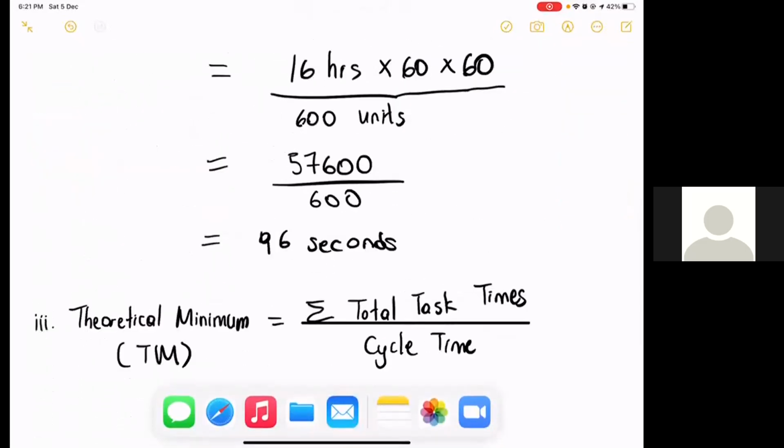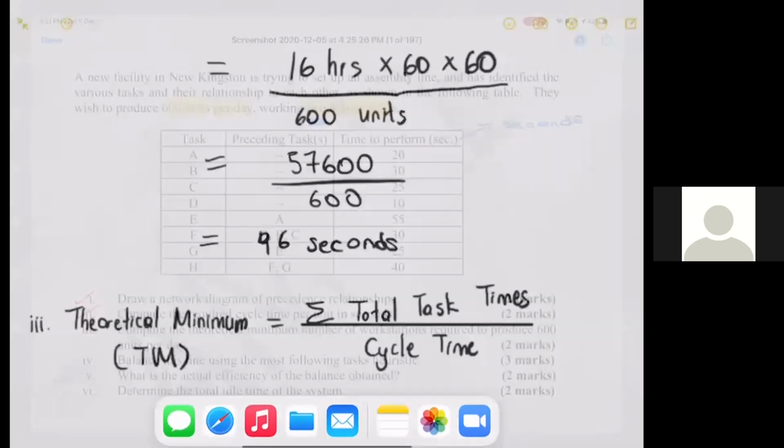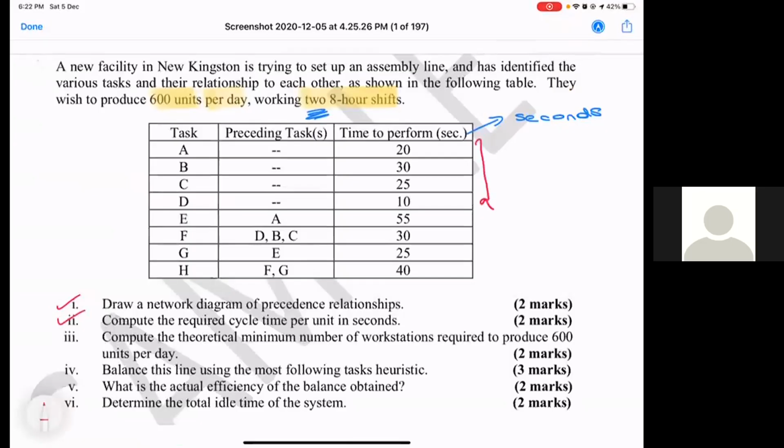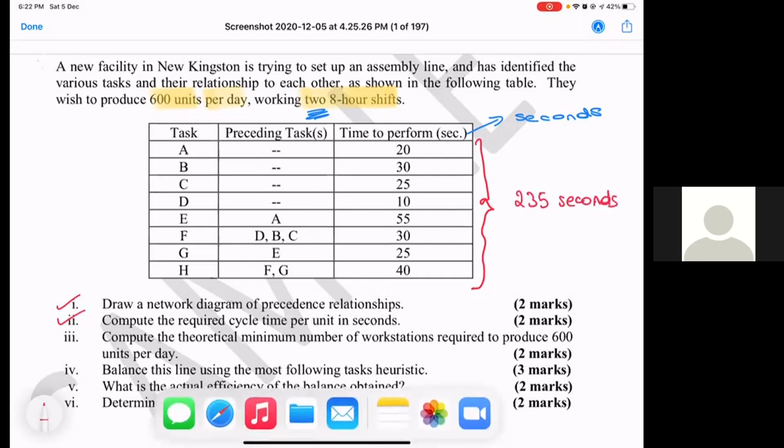So just to ensure that everybody's with me. To get the sum of the total task times, you can just easily go to the table and then you will sum all of these things right here. And when you add them, I got 235 seconds.